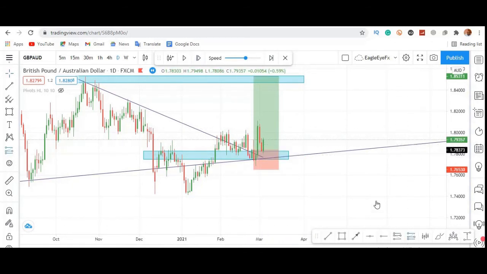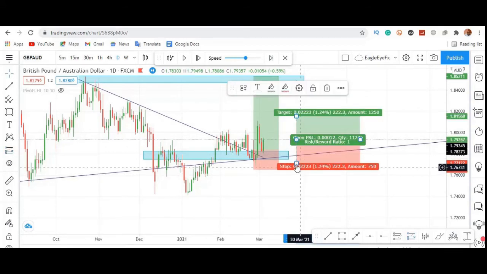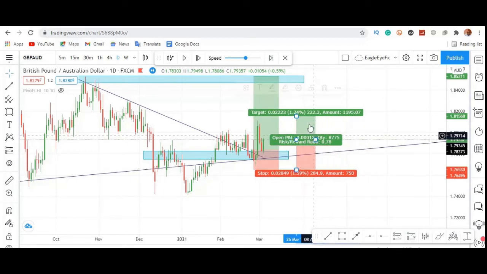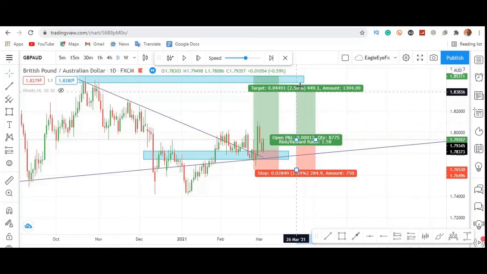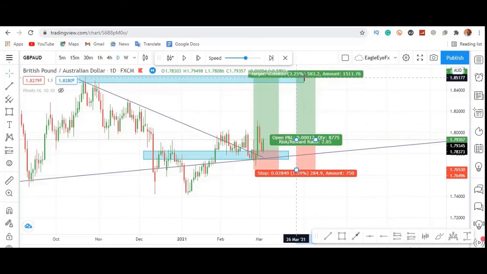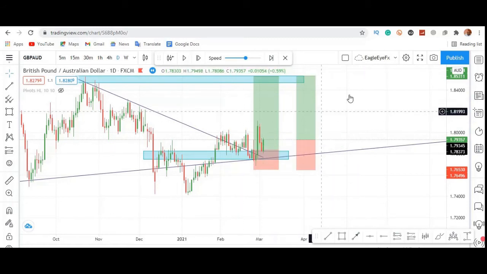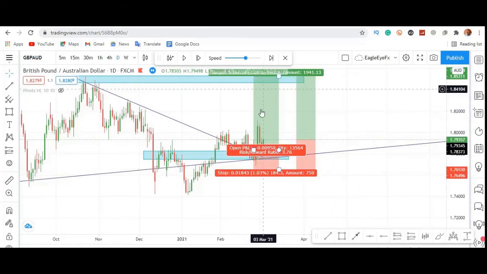If you are into scaling in, you can enter another buy and put a stop loss down there, and also target 1:2. If you don't want, you can just remain with this one.